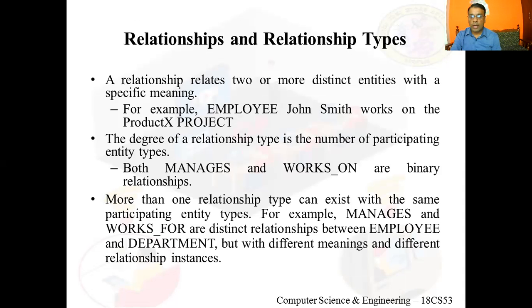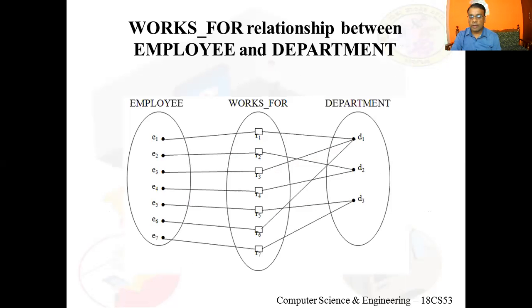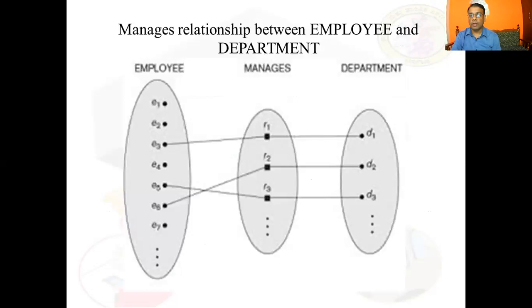So we do have other relationship types also. According to the requirement, employee works for department. Many employees can exist for a department. And also we have managers. On the same entity type employee and the participating entity department, we have one more relationship type called manages. Employee manages department. You can see here, not all instances of the employee entity type are participating in manages, only a few.